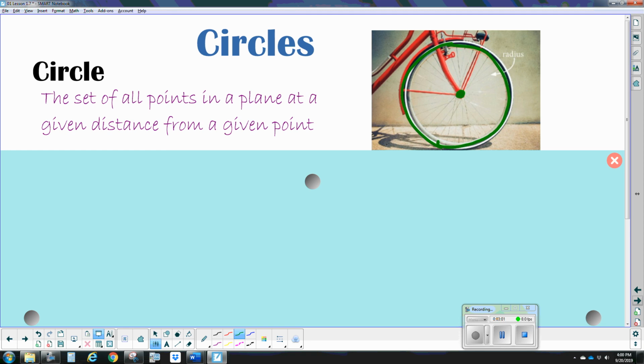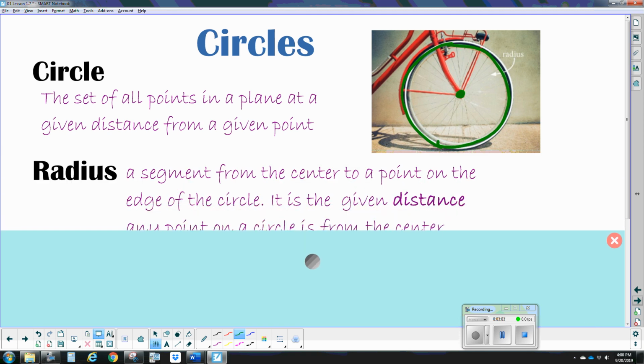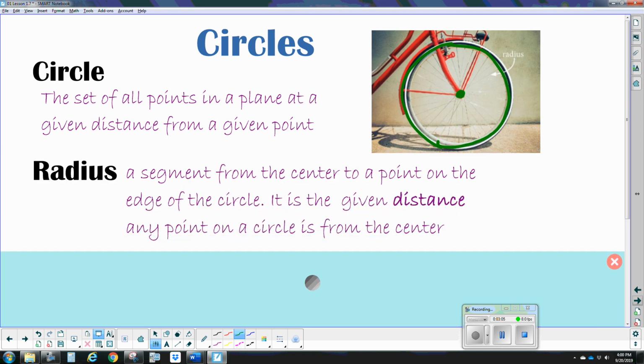Okay, the next term is radius, and that's the segment that we just labeled. It's a segment from the center to a point on the edge of the circle. It is the given distance. Okay, so all radii are the same. So that is the distance from the center to the circle.